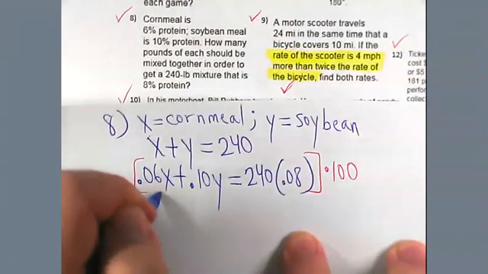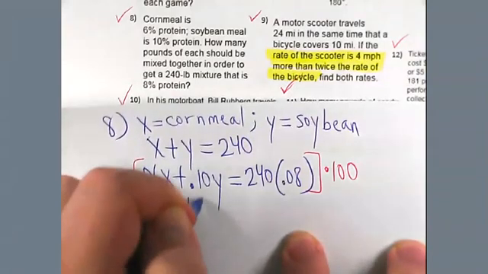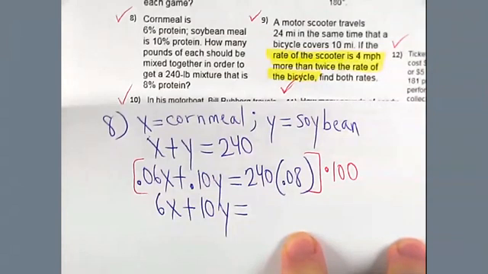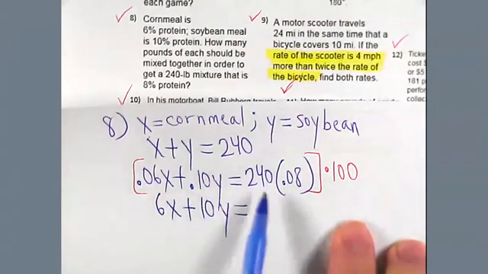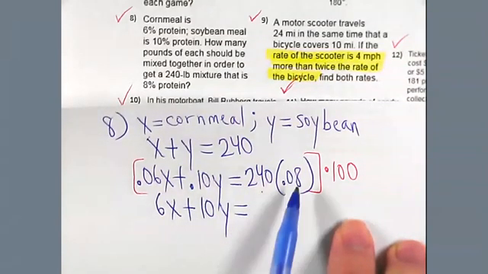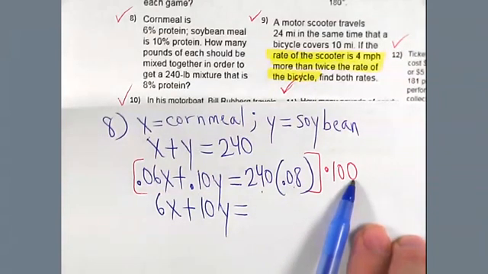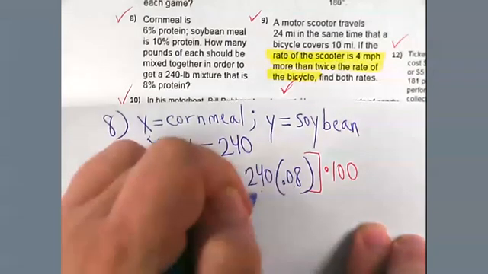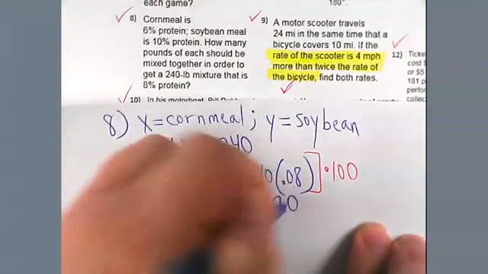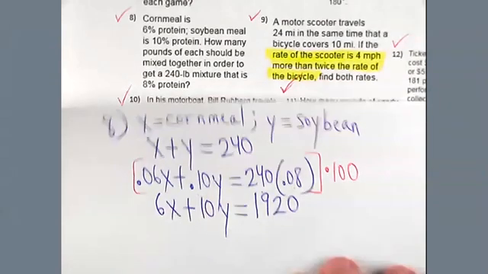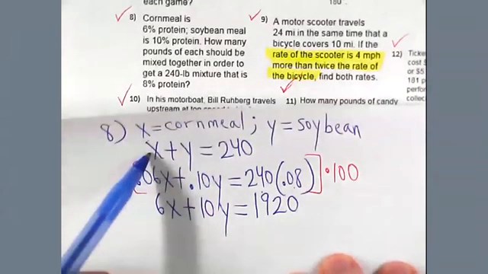That gives us 6x plus 10y. And I'll go ahead and tell you, when you multiply 240 times 0.08 times 100, that gives you 1,920 on that side. Let's bring down the first equation.